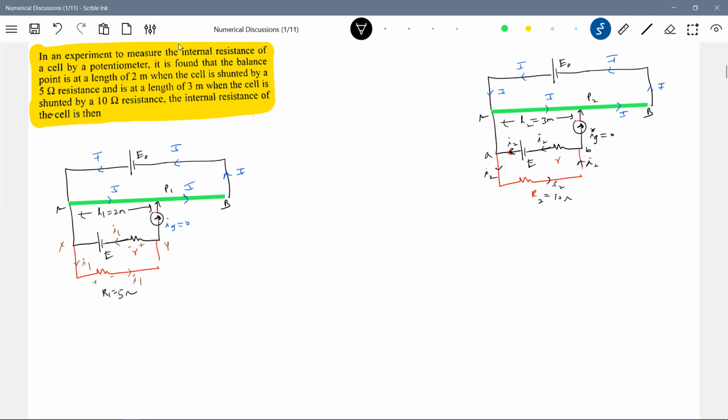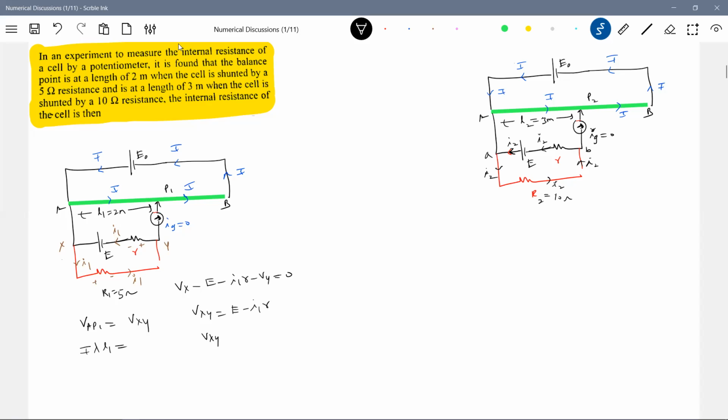So VAP1 should be equal to VXY. What is VAP1? I lambda L1. What is VXY? So separately you write it. VXY should be equal to directly I1 into R1. Or one more equation, Vx minus E minus I1 R minus Vy0, or Vxy equal to E minus I1 R. We don't know that EMF of cell, leave it.